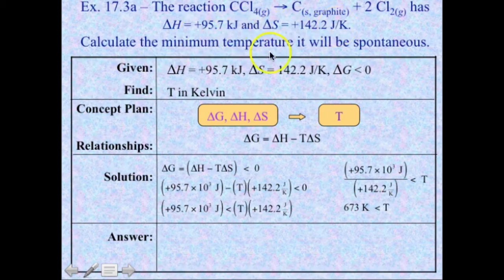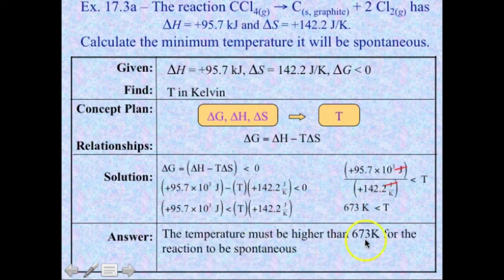So you have to convert either the enthalpy to joules or the entropy to kilojoules, but they have to be on the same page. Anyway, solve this and you get a temperature of 673 and above. The temperature must be higher than 673 Kelvin for the reaction to be spontaneous.